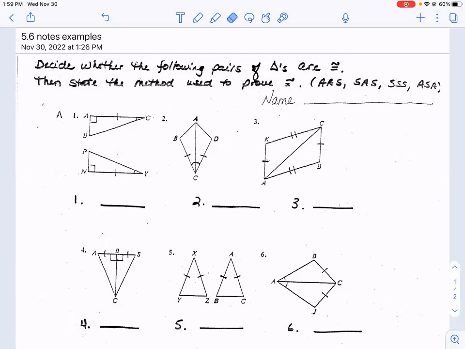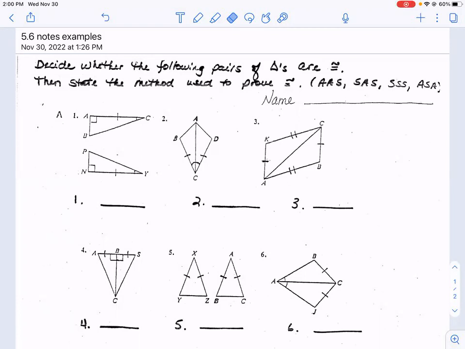Not enough info. There's no SSA. Yes, there is. What, 6? 6 is not enough info. No, there's no SSA. Yes, there is. What, 5? SSA, not on the sheet, but remember we were talking about having to write it this way. I don't think I've used AAS.